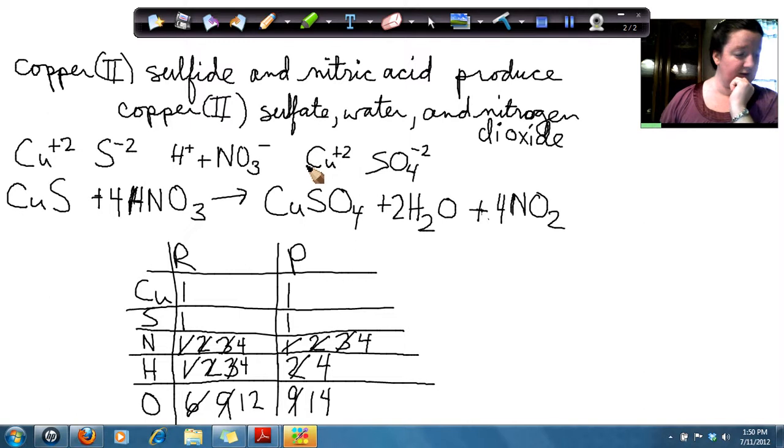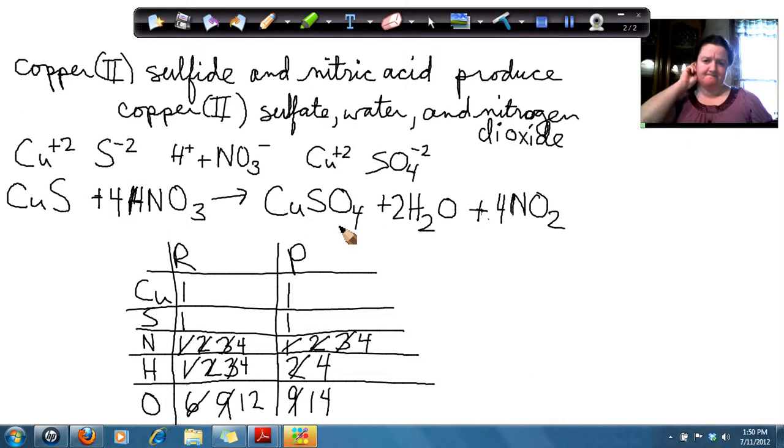Well, sulfate. Not sulfite. How can we get 2 more oxygens without changing?